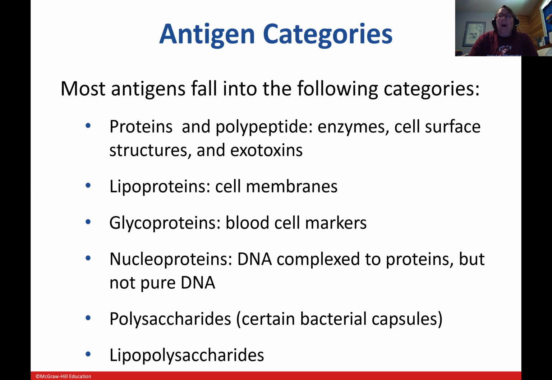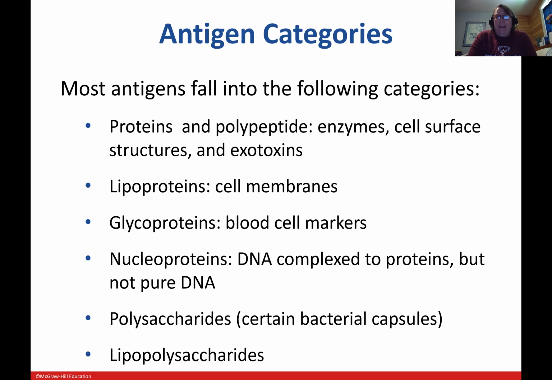Okay, so most antigens fall into a couple of basic categories. Proteins and polypeptides actually tend to be the most immunogenic. Proteins seem to be more immunogenic than sugars of various things, but often you get the two of them together, a protein and a sugar as a glycoprotein.